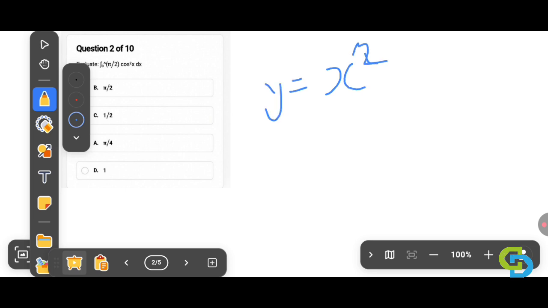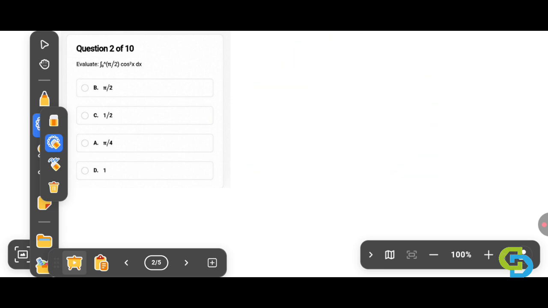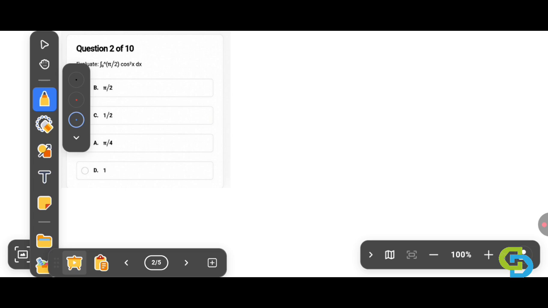You know that dy over dx is going to be 2x. But in integration, it's just the reverse process. You have to convert this dy dx into your actual value, your y is equal to something like that. So let's solve this.